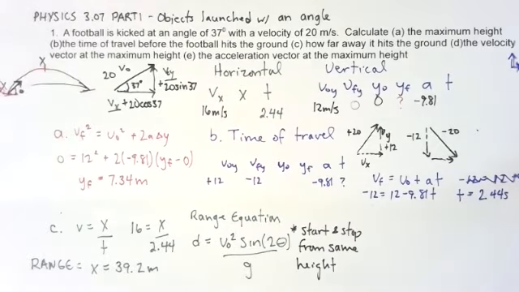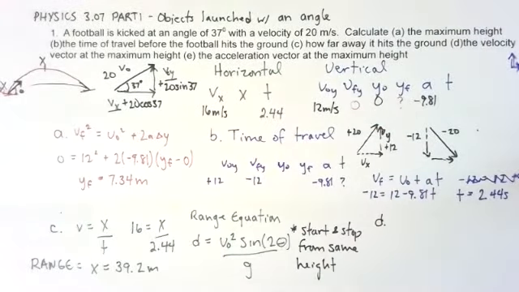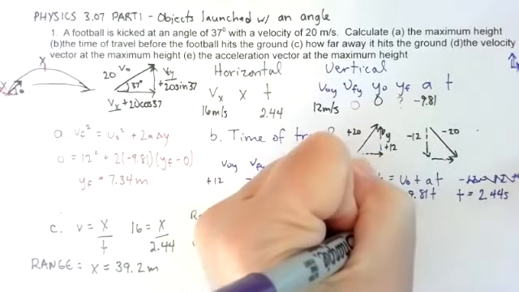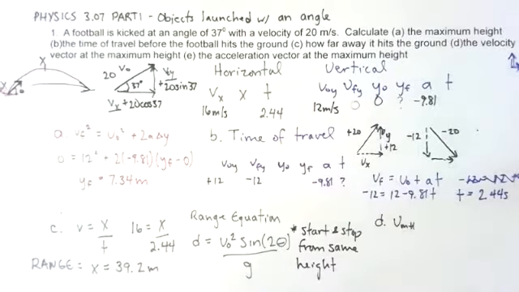All right, finally, for part D, it asks for the velocity vector at the maximum height and the acceleration vector at the maximum height. So let's go to part D. What color haven't I used yet? Let me grab purple. All right, so we want the max height.